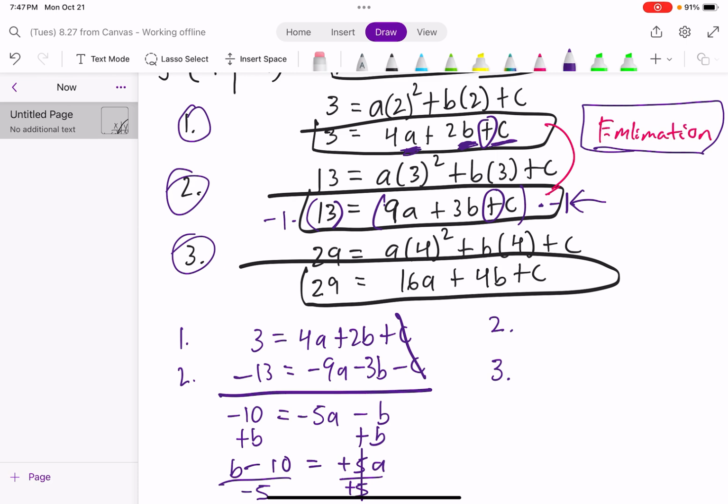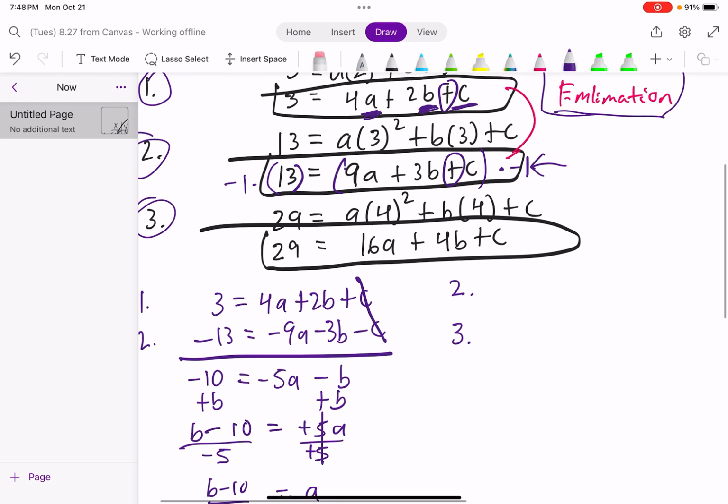So here we go. Number 2, I'm just going to write this one as is, right? And then I'm going to make this one negative. So here is the as is number 2. It is 13 is 9a plus 3b plus c. But then number 3, I'm going to make it negative.